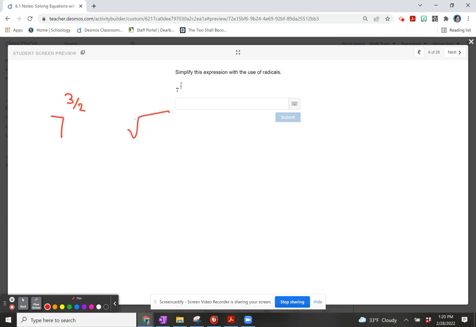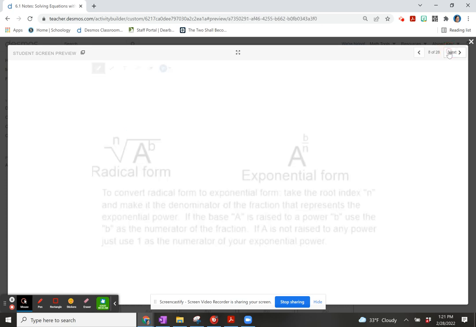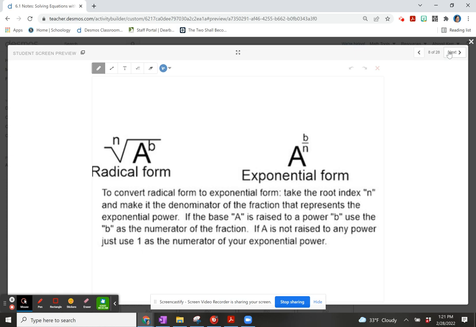So if you just do the square root and then 7 raised to the 3rd power, I'll let you type that in the keyboard. Slide 7 is the same way. Slide 8, we're now going to start with the radical, and we're going to work our way backwards with writing the base. The 7 moves up top, and then the 4 goes underneath.